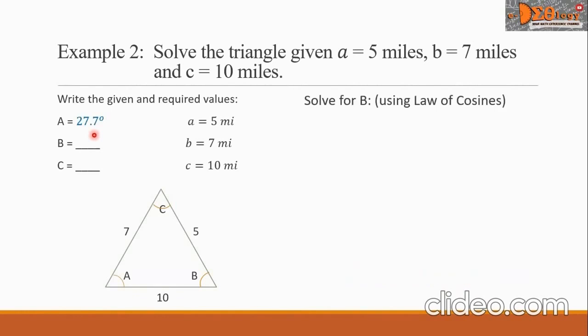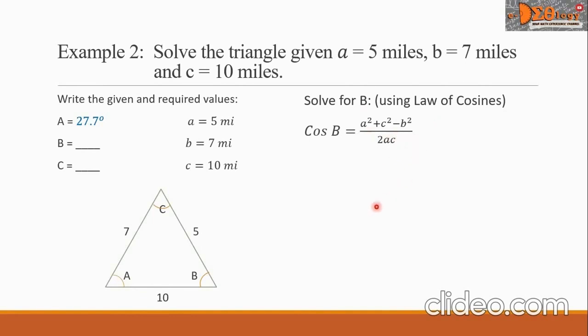So let us go to solve for B, again using the law of cosines. Actually, we may use the law of sines to get this angle B, but for our discussion, we will continue to use the law of cosines. So the cosine of B equals A square plus C square minus B square all over 2AC.